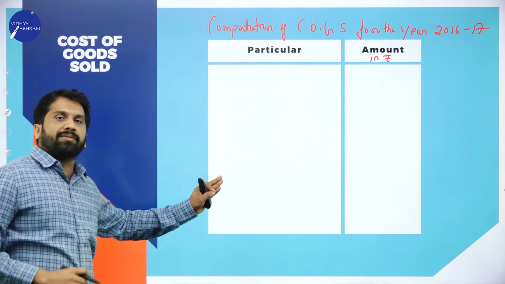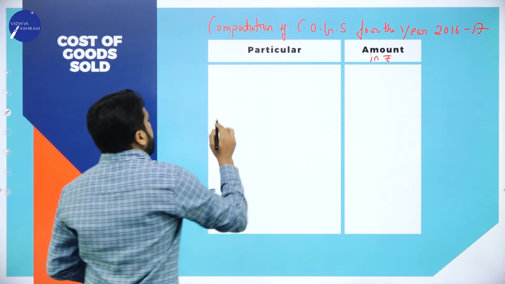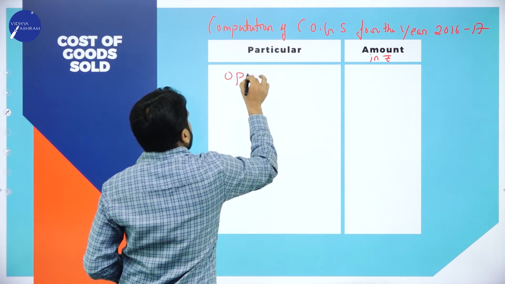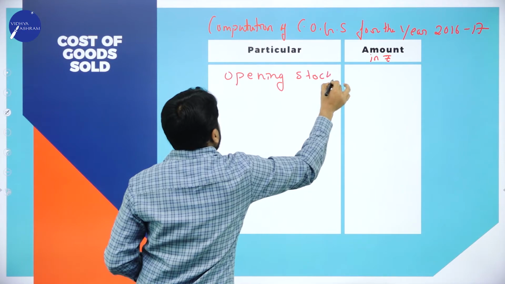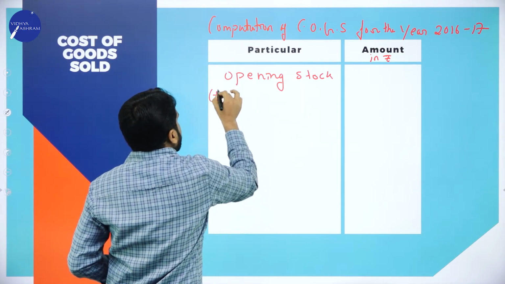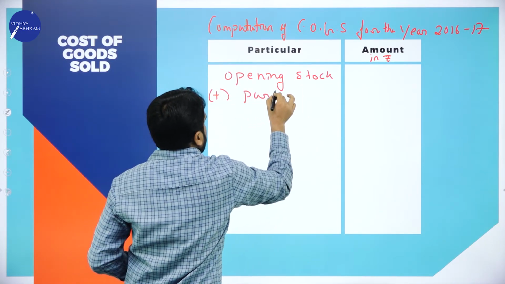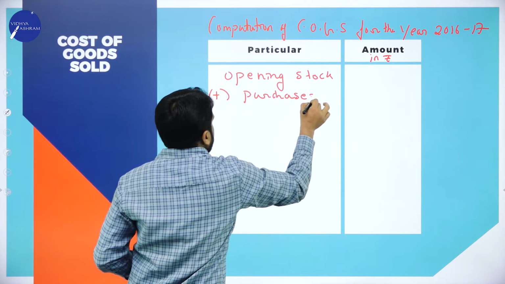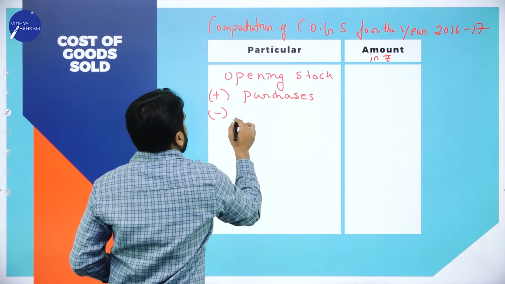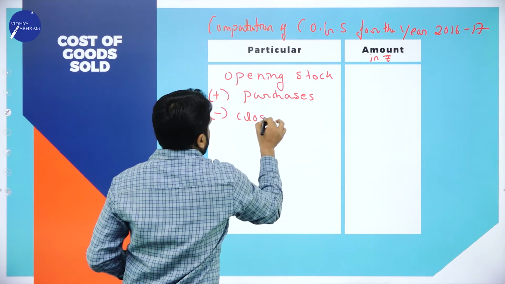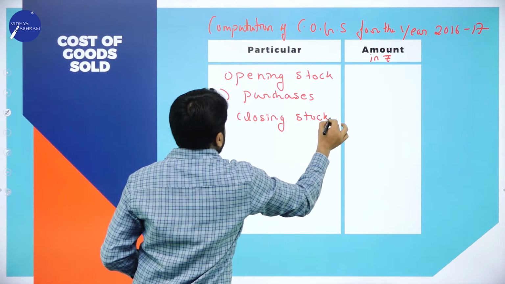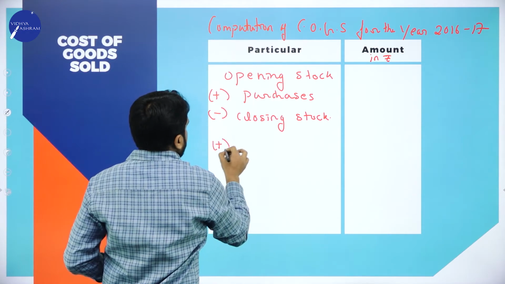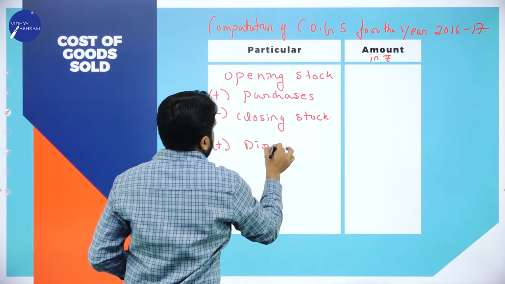You have to write down the format. Now, first one, opening stock, add purchases, less closing stock, add direct expenses.